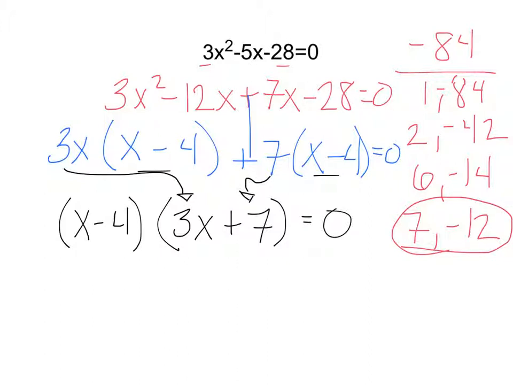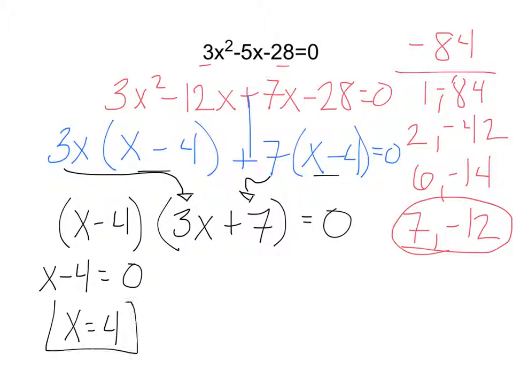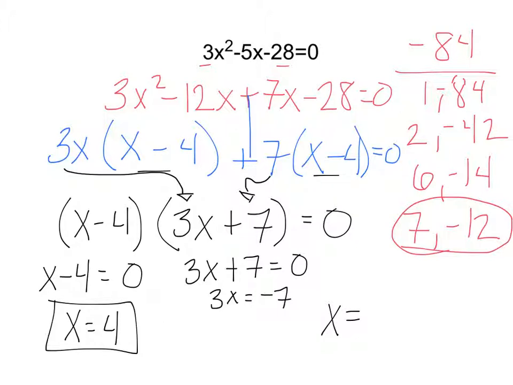And put them both equal to 0, x minus 4 equals 0, so x would equal 4 is one answer. And my 3x plus 7 equals 0, so my 3x equals negative 7, so my x equals negative 7 divided by 3. And remember, fractions are just fine.